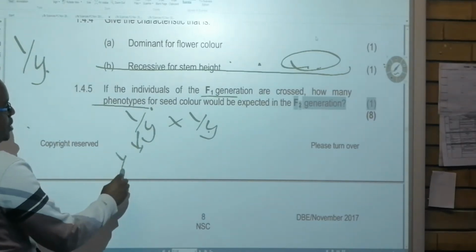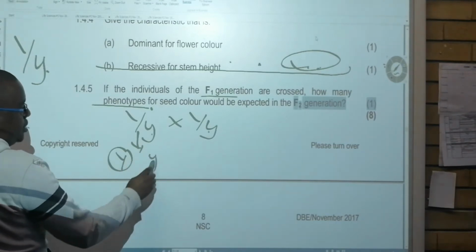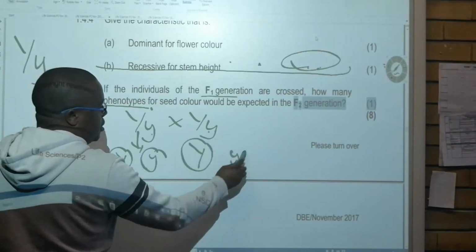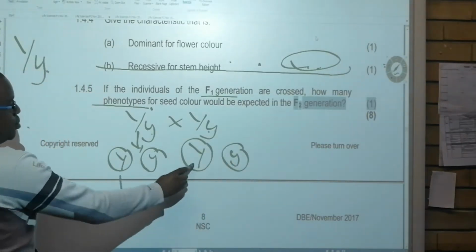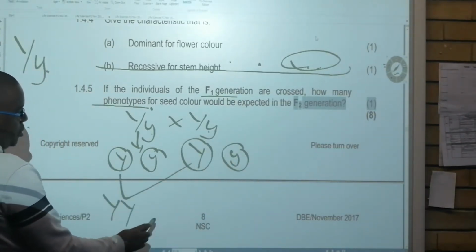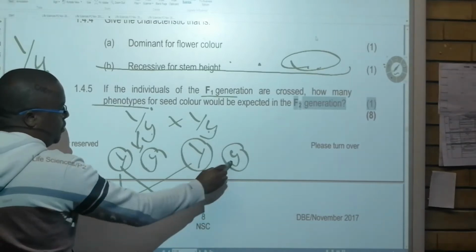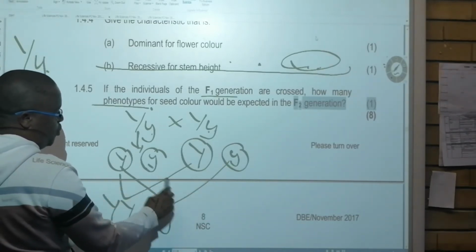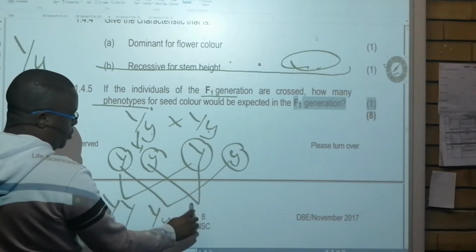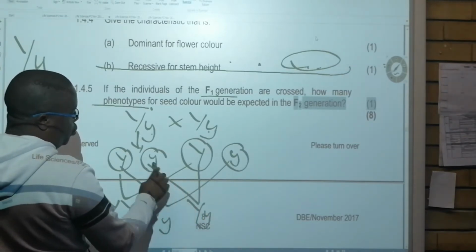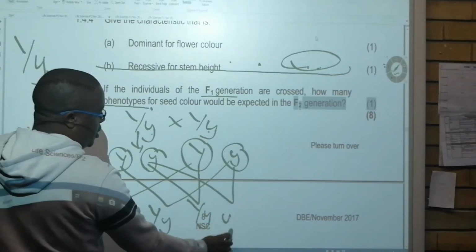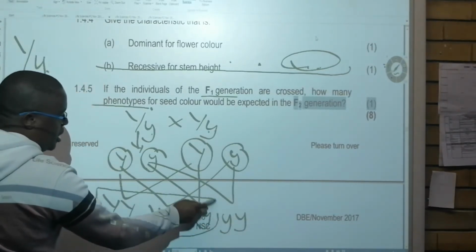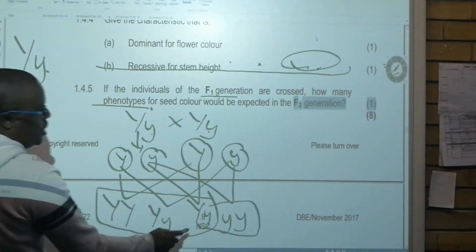Because this one will give us that, this one will give us that, and this one will give us this. If you do this cross here, you get it in what ratio of dominant to recessive? 3:1, because all these are yellow, but this one is what?